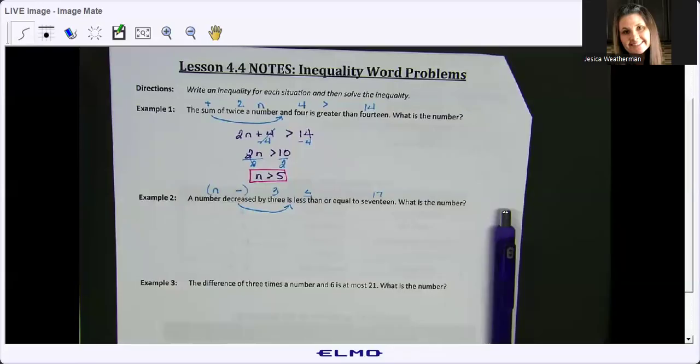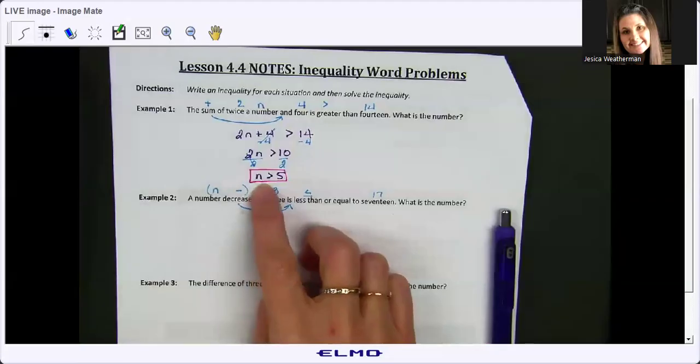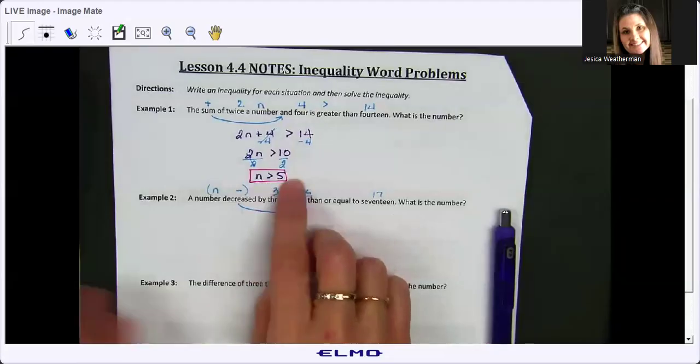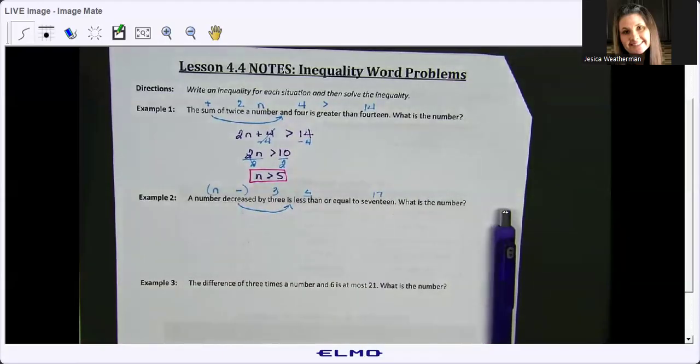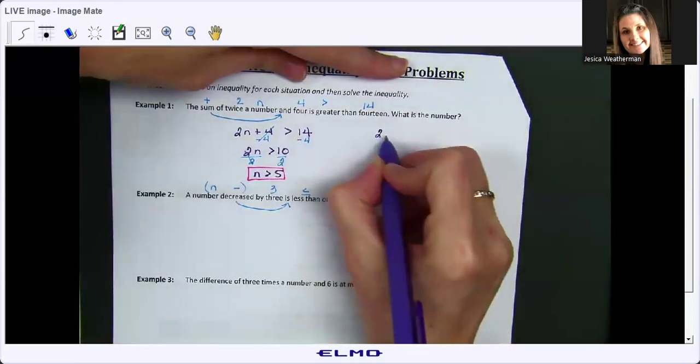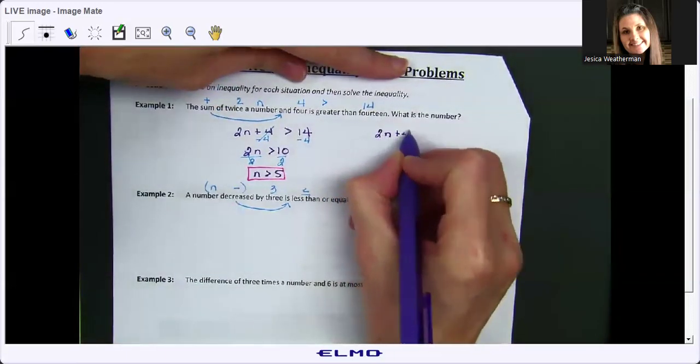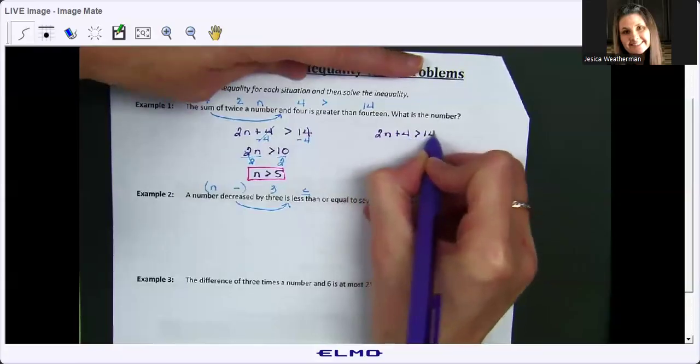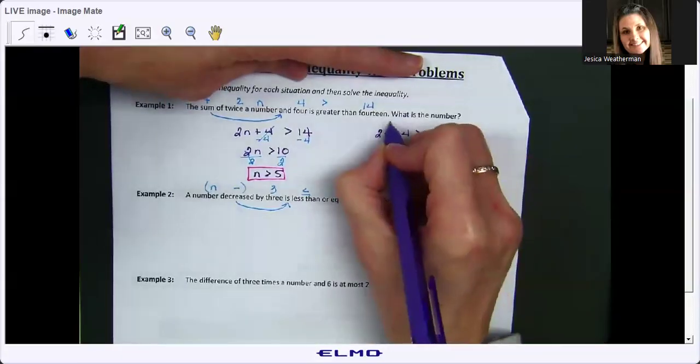Okay. So a lot of times if you're not sure if your answer is correct, you can plug this back into the equation to see if it's correct. So I'm going to choose a number, and you don't have to do this. I just want to show you, but if you want to, you can. I'm going to choose a number that's bigger than 5, and I'm going to plug it back into the equation to see if it's true. So I'm going to take 2n plus 4 is greater than 14. I'm going to do a check on this.